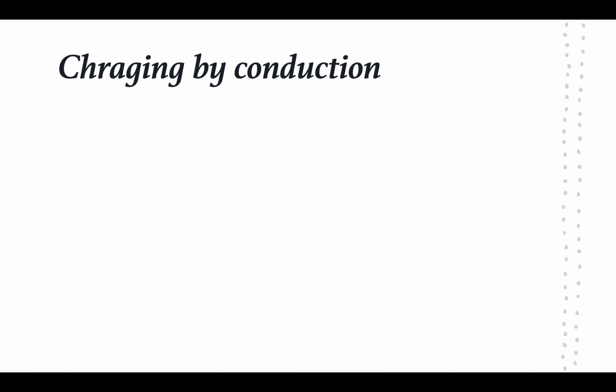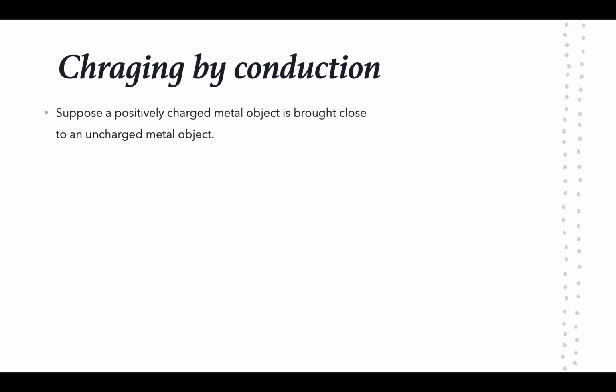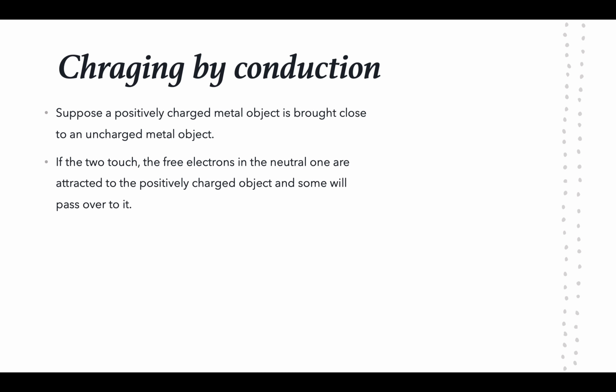Now, what are other ways of charging objects? There's charging by conduction, which is very similar to what we've just seen. In charging by conduction, let's say we have a positively charged metal object brought close to an uncharged metal object.